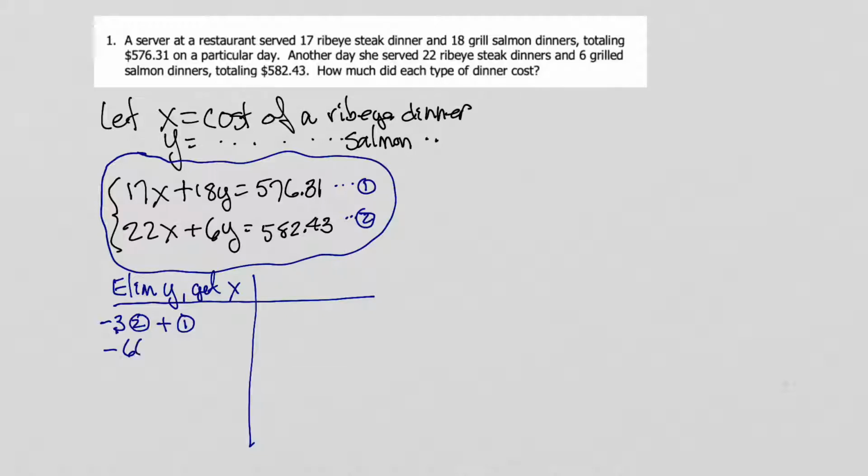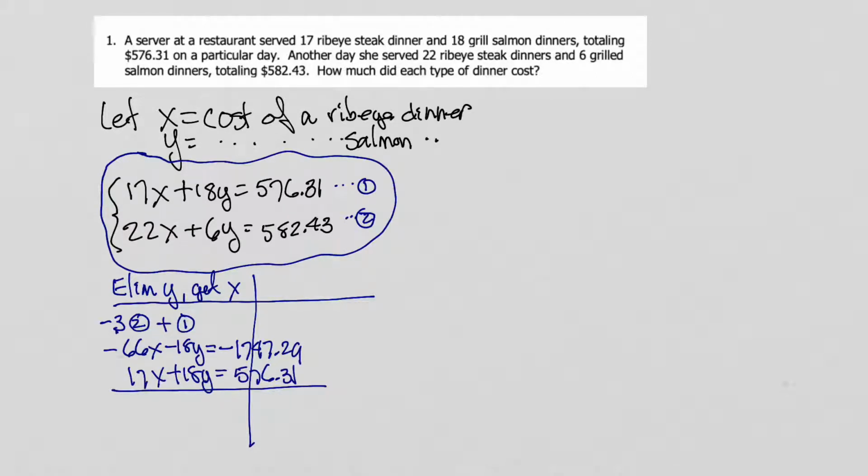Negative 66x minus 18y equals negative 1747.29. And then we're going to add equation 1, and in equation 1 we've already got an 18. We don't have to do anything. So that's going to be 17x plus 18y equals 576.31.